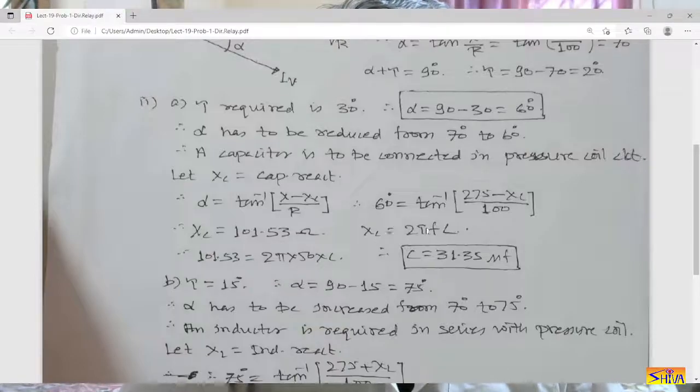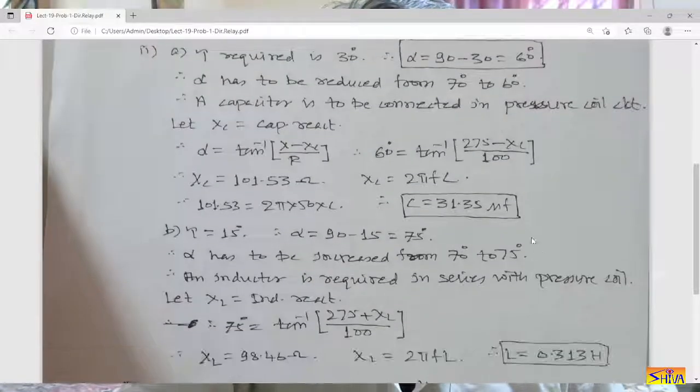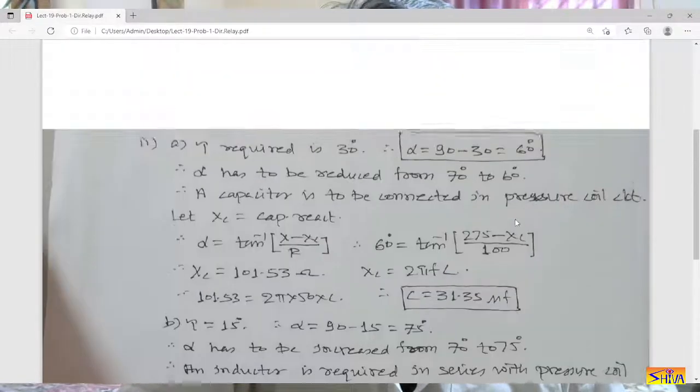Now Xc is 1 by 2 pi f C. f is the frequency of the supply, that is 50 Hertz. So 101.53 is 1 by (2 pi into 50 into C). So capacitor is coming 31.35 microfarad. So in order to get maximum torque angle of 30 degree, we have to connect a capacitor of 31.35 microfarad in series with the pressure coil circuit.